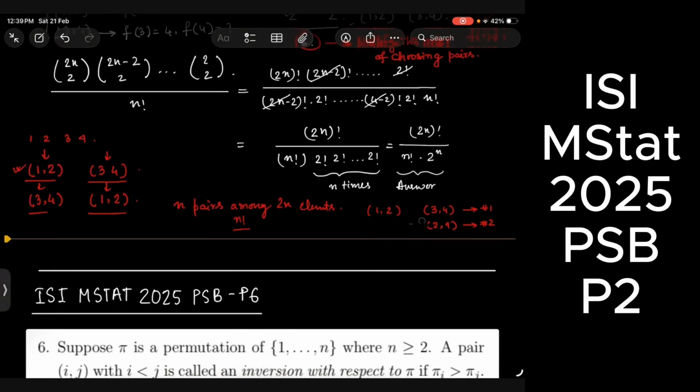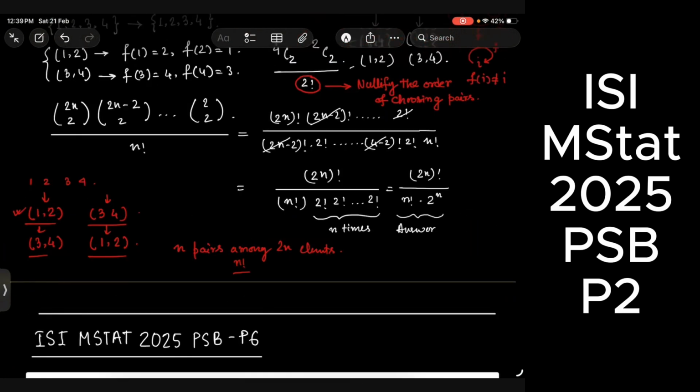I cannot write over there, so to understand it, I am writing over here. Number 1 is 1, 2, 3, 4. Number 2 is 1, 3, 2, 4. Number 3 is 1, 4, 2, 3.